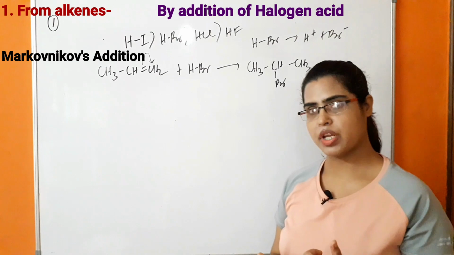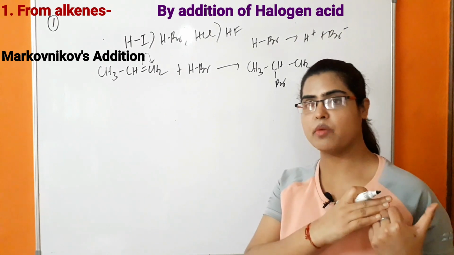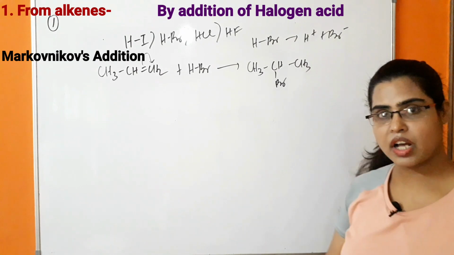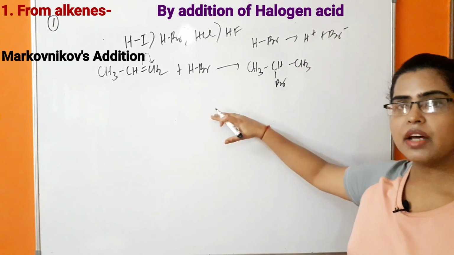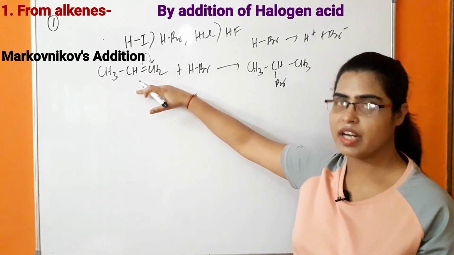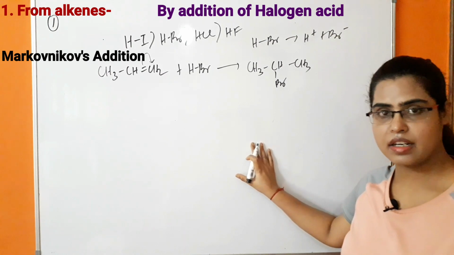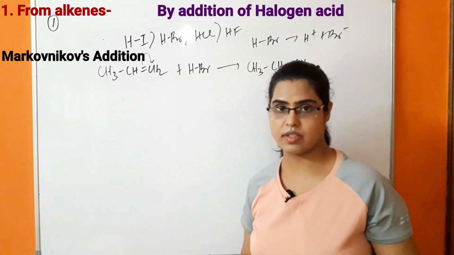We have also studied anti-Markovnikov addition in the chemical properties of alkenes in the hydrocarbon chapter. Anti-Markovnikov addition is just opposite to Markovnikov addition. It occurs in the presence of peroxide.